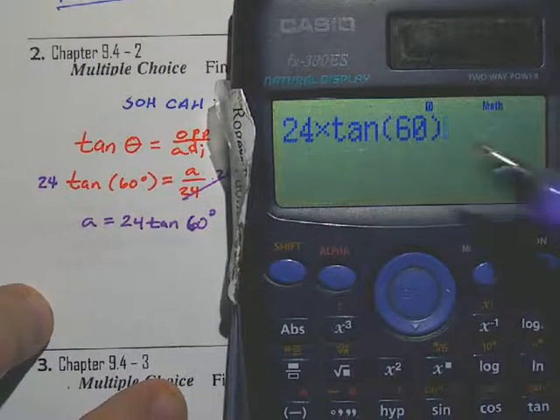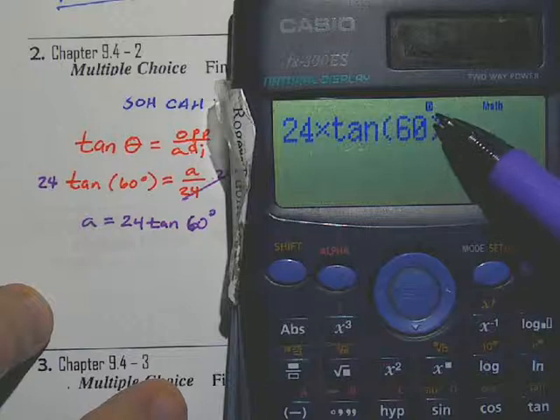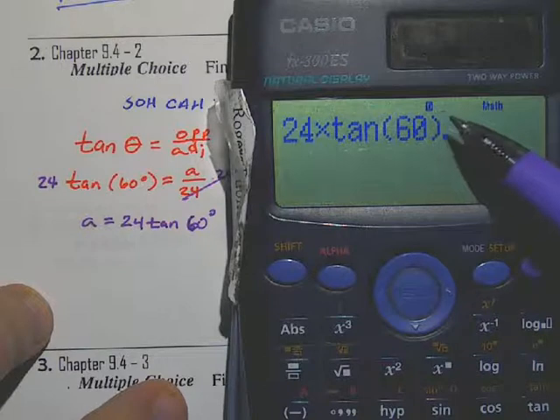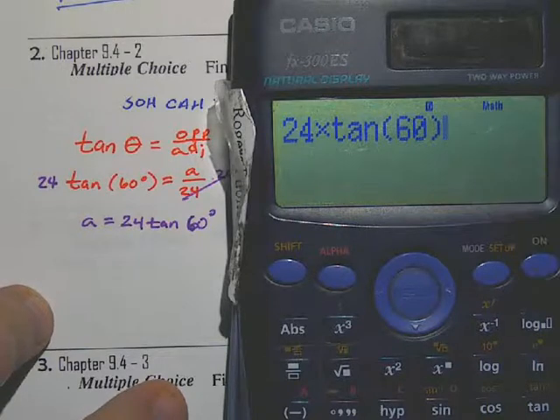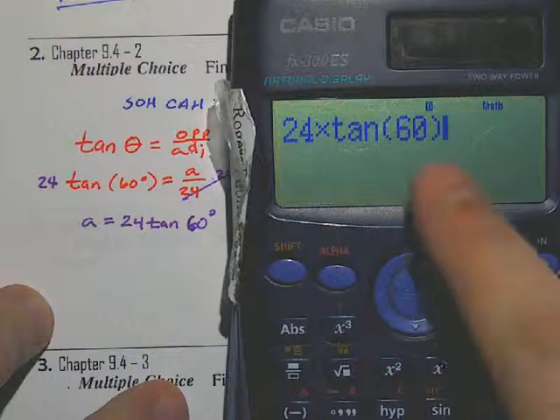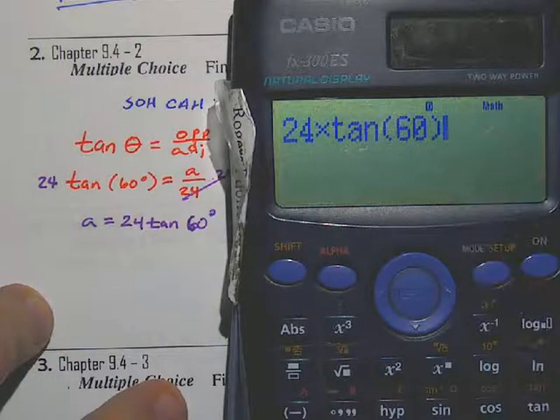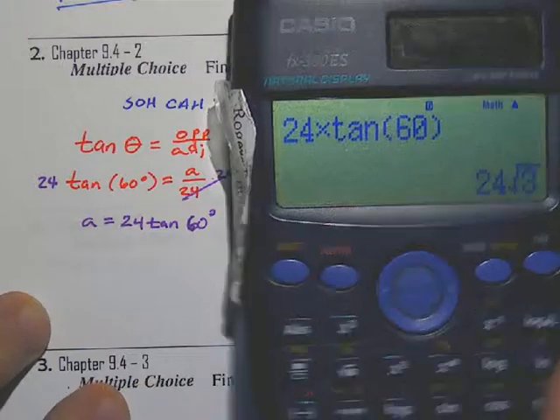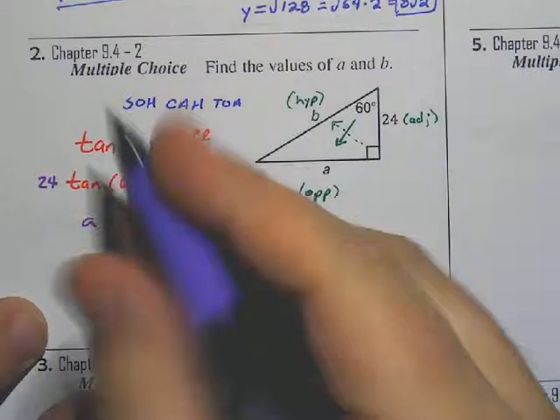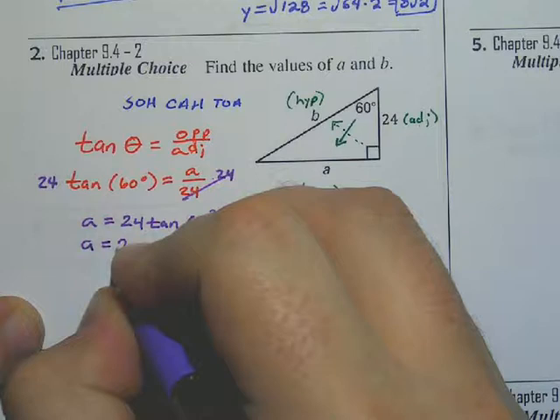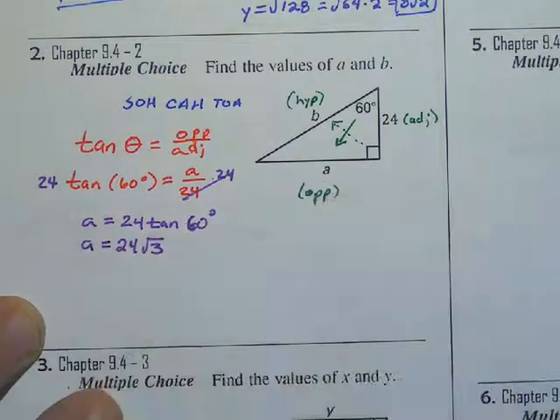Make sure that if you're using my calculator, you have a little D up here for degrees. If you're using your own calculator, make sure it's also in degree mode, not radians. That's going to be 24 root 3. So A is 24 roots of 3.